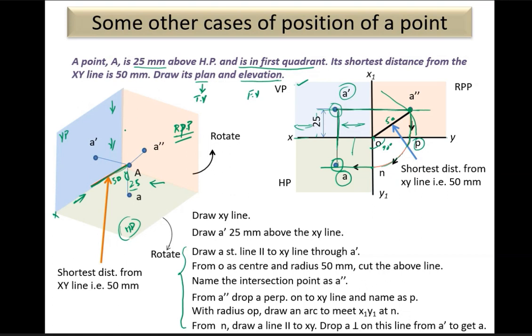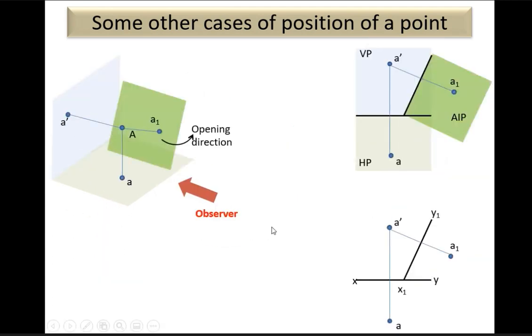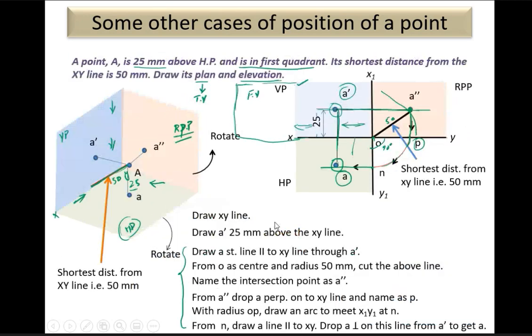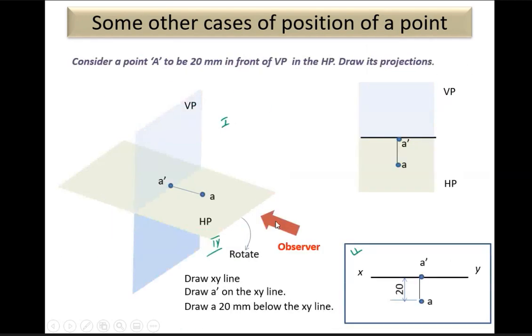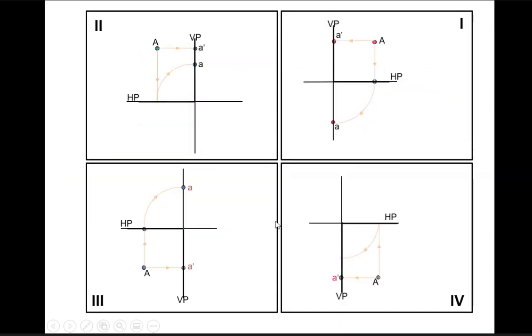So what should be done? You can see in the first quadrant our left profile plane will be here. But in case of the second quadrant or third quadrant, let me show you something. This will be about the auxiliary inclined planes. Let's go back somewhere.